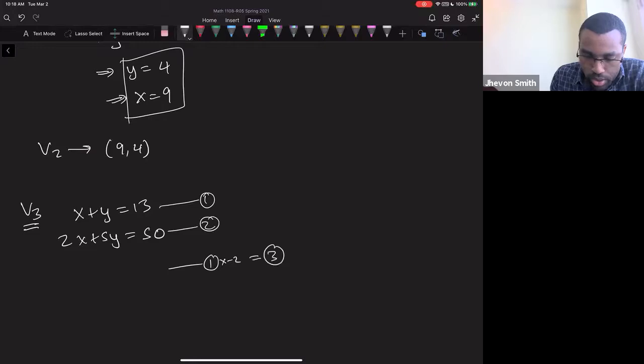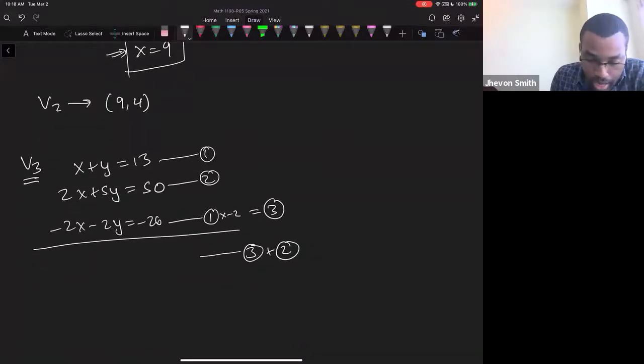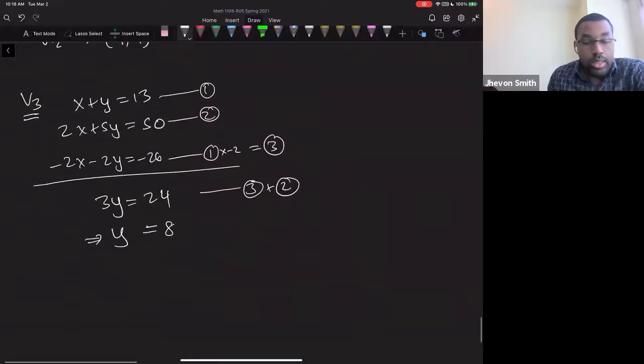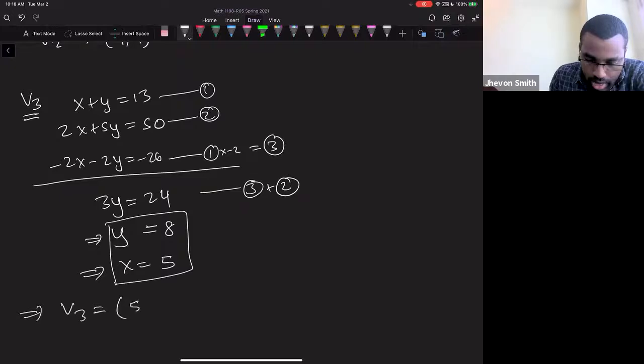I will call that equation 3. So that's -2x minus 2y equals -26. I'm going to take equation 3 and add it to equation 2. The x's will die. I'd be left with 3y, and 50 minus 26 is 24. Solving for y, I get y equals 8. Since x plus y must be 13, if y equals 8, that means x equals 5. So this means my V3 is (5, 8).